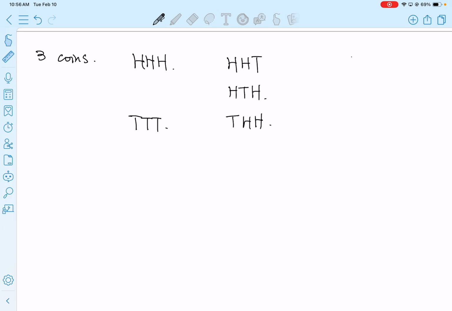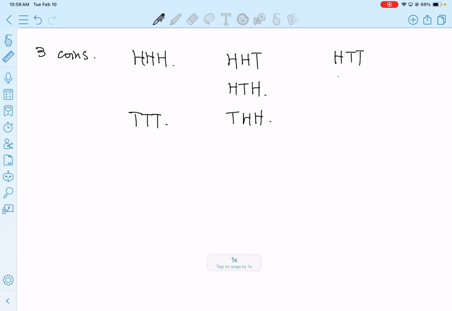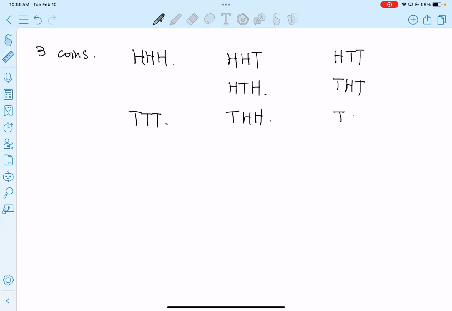And then we can also have 1 head and then 2 tails.